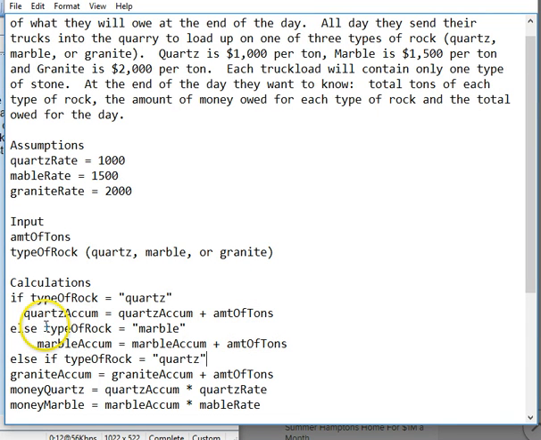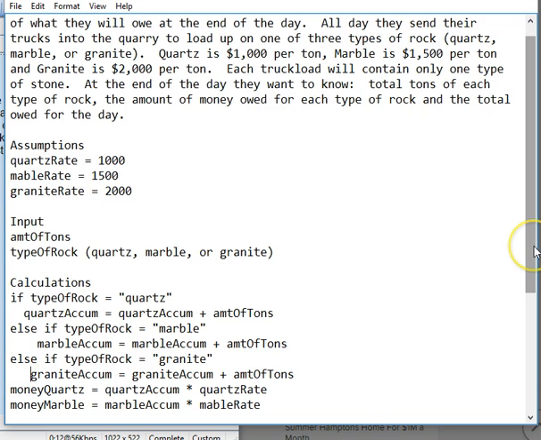Else if granite. The reason we're doing an else if here is because we want to test for all three. Then when we do the flow charting, we're going to do error checking and error trapping, so if they type in marble with two R's, it won't automatically be granite, right? And then if that is true, we're going to do that.